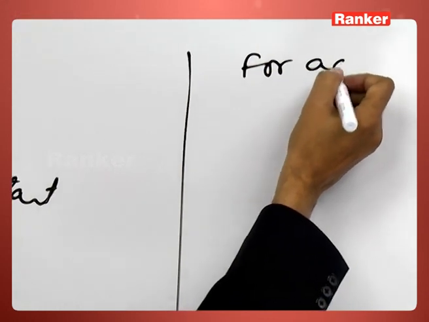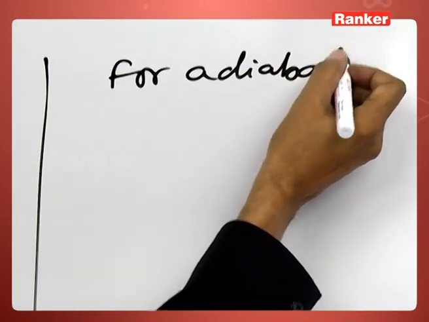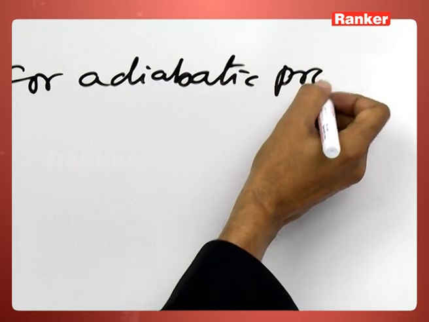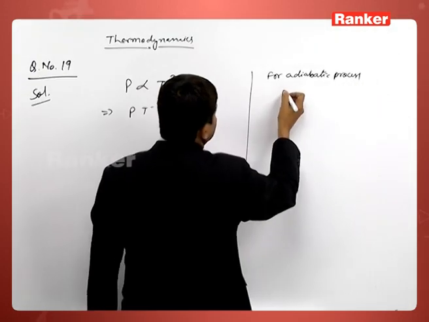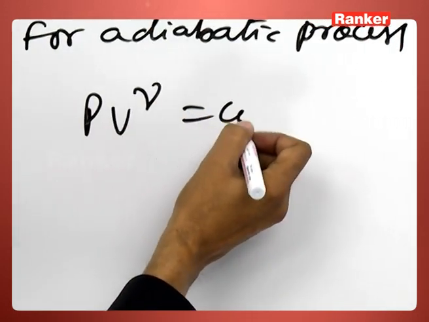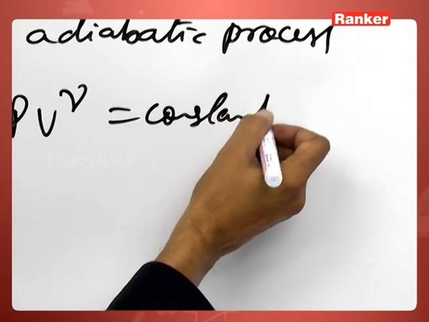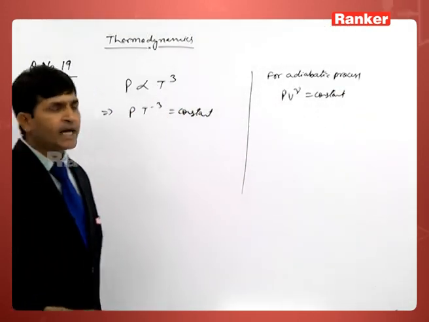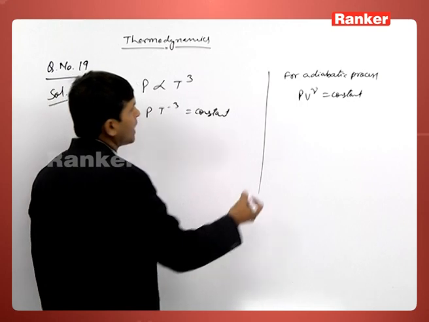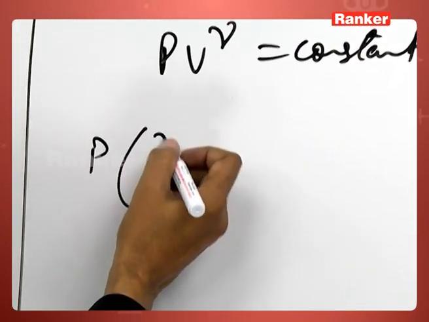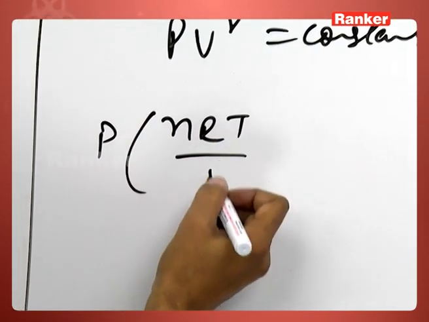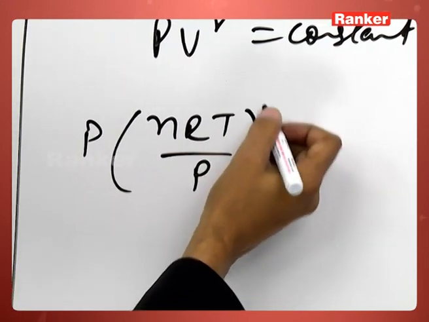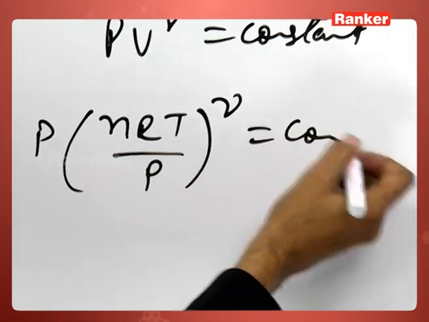The first thing for an adiabatic process: PV to the power gamma is constant. By using the ideal gas equation, volume can be written as nRT by P. Gamma is a constant.